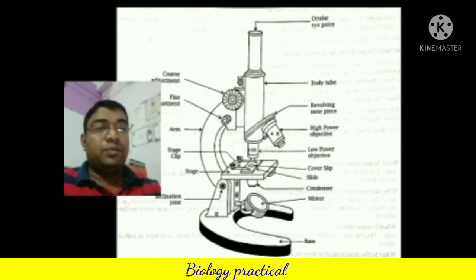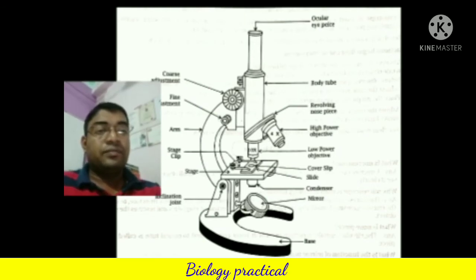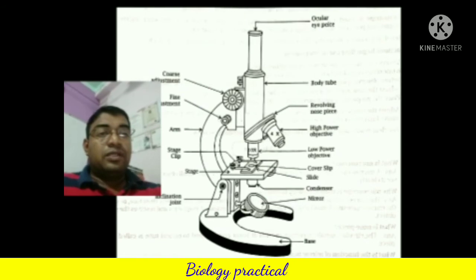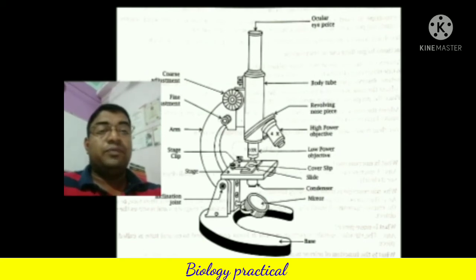High power has a long length, low power has a minimum value of 10x. The high power has the maximum power of up to 100x. Then cover slips, clips, stage, stage clips, arm, fine adjustment, coarse adjustment, inclination joint, the mirror for the light, and the horseshoe base.